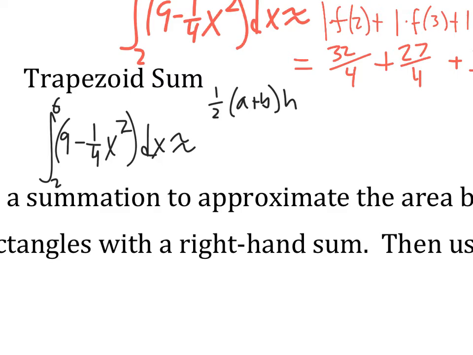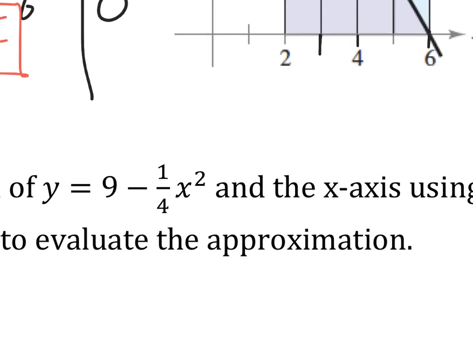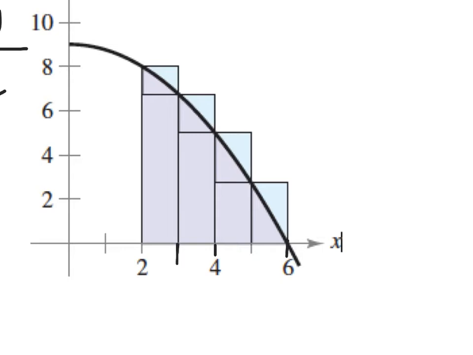So we're talking about this trapezoid here, and the height of this trapezoid is just 1. The A and the B are the two sides, the two bases.